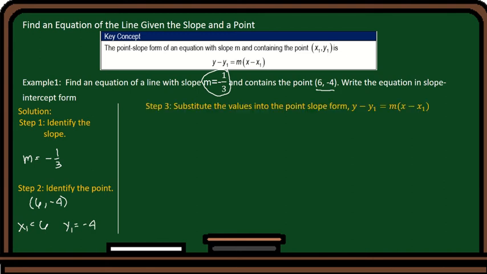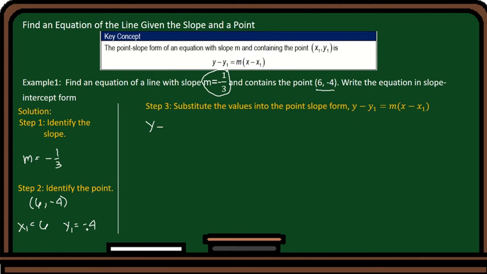Next will be substituting the values into the point-slope form, y minus y sub 1 is equal to m times x minus x sub 1. Okay. So, your y here and your x here will remain in their form. So, copy y, minus the operation in the formula, then y sub 1.